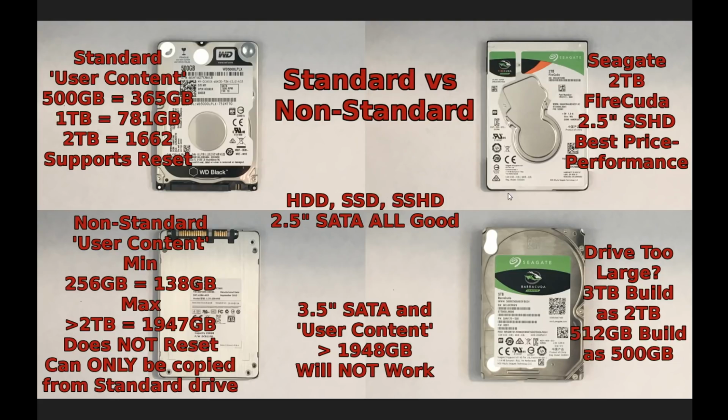So in the case of a standard 500 gigabyte drive, you'll see it as having 365 gigabytes free. In the case of a 1 terabyte drive, you'll have 781 gigabytes free. In the case of a 2 terabyte drive, you'll have 1,662 gigabytes free.